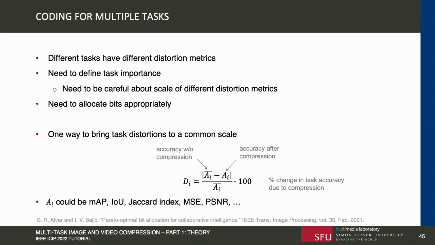And this allows us to bring multiple task accuracies such as mAP, intersection over union, Jaccard index, PSNR, SSIM, all of those, to the same scale using this transformation.